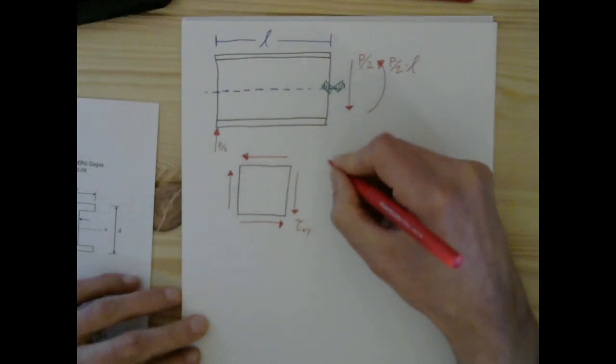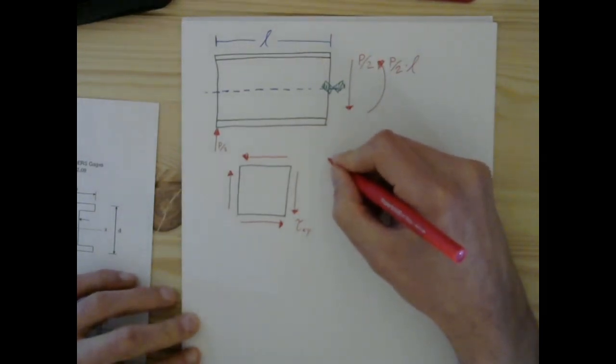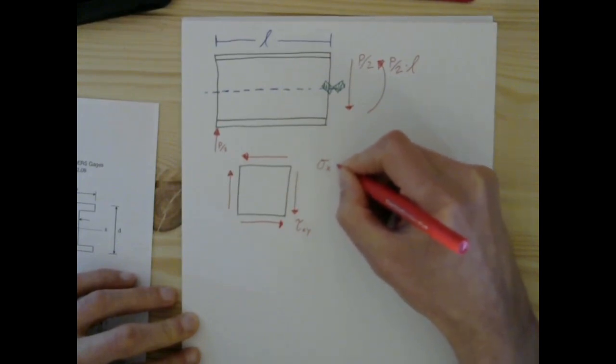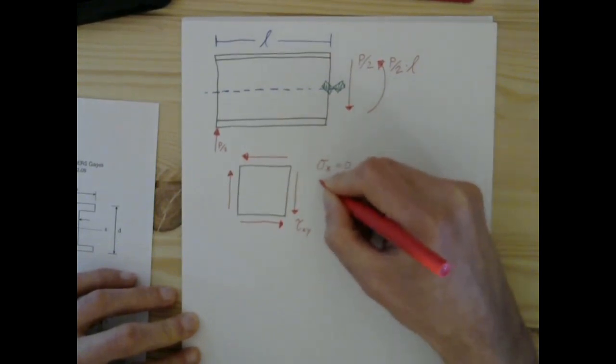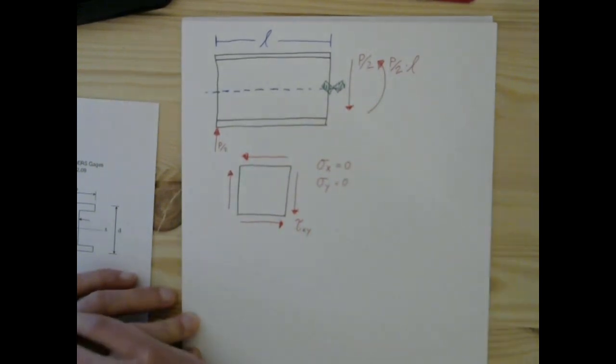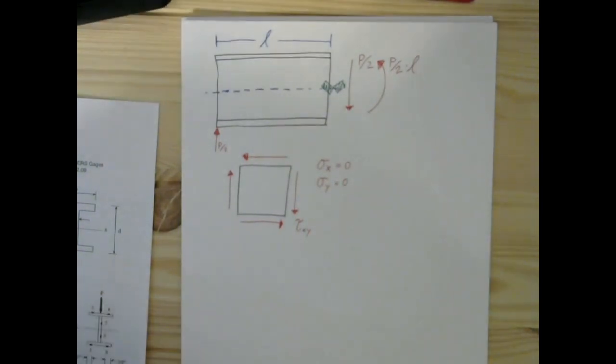We're going to have no normal stress in the x direction, and we're going to have no normal stress in the y direction or z direction, because we're at the neutral axis.